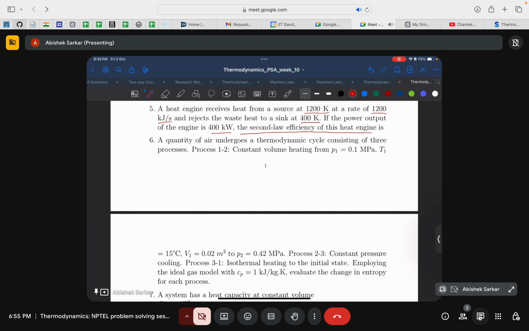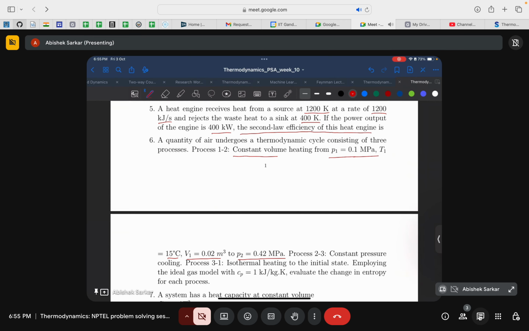A quantity of air undergoes a thermodynamic cycle consisting of 3 processes. Process 1 to 2 is a constant volume heating from P1 at 0.1 megapascal, T1 at 15 degrees Celsius, and V1 at 0.02 meter cube, to a pressure at 2 of 0.42 megapascal.